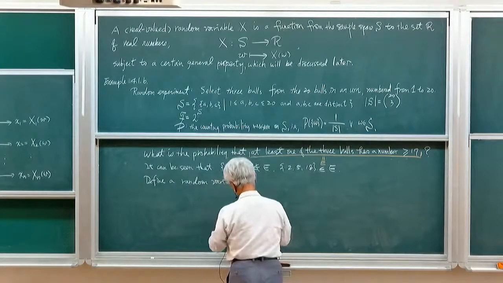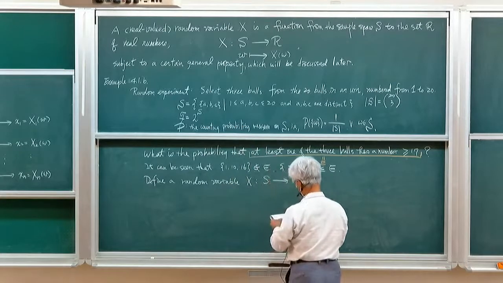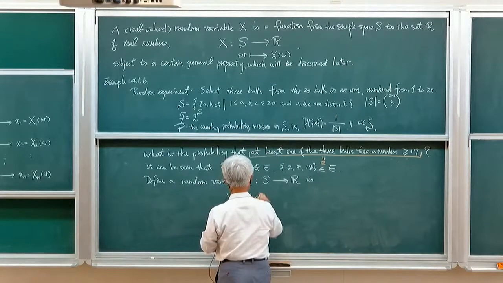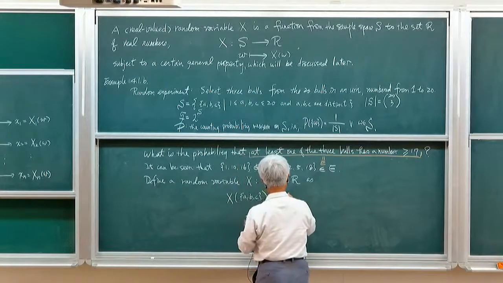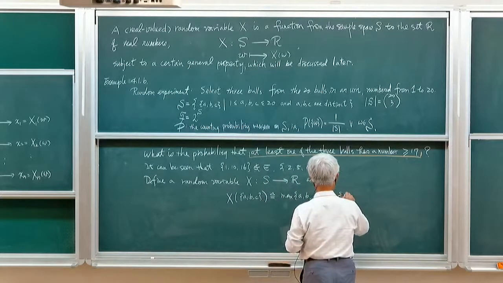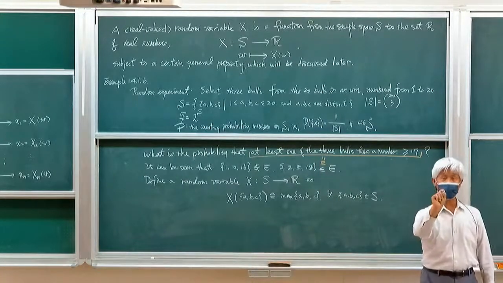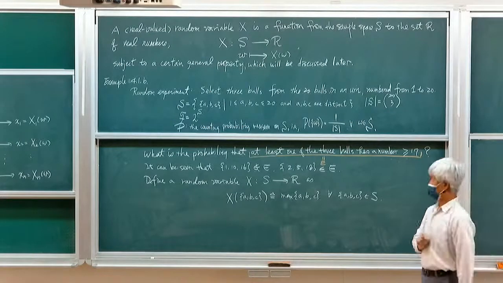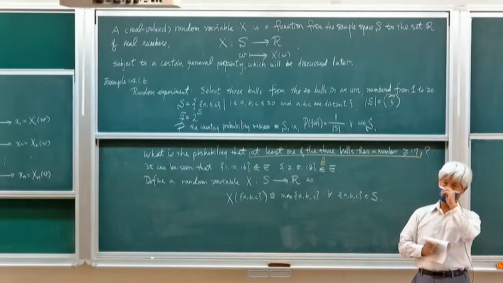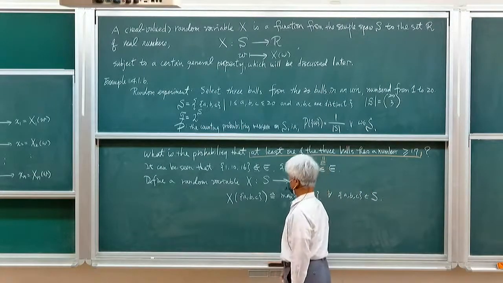So we will define a random variable X from the sample space S to R such that for (a, b, c), X is defined to be the maximum of a, b, c, for all outcomes in the sample space. So we take the feature which describes the maximum number the 3 balls have.